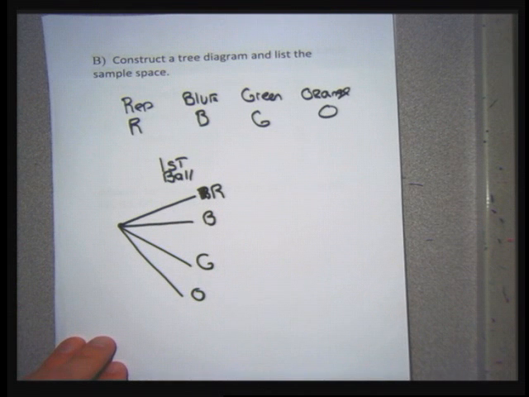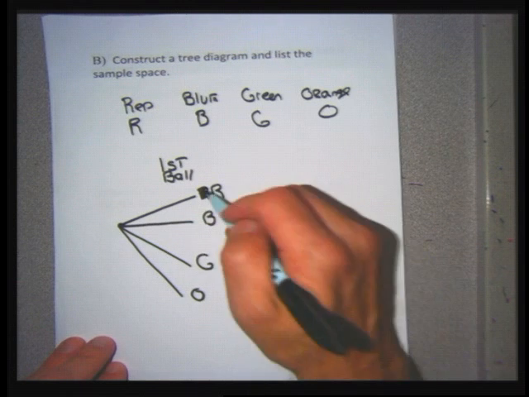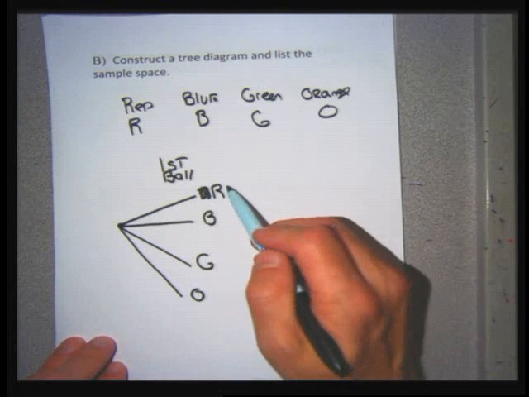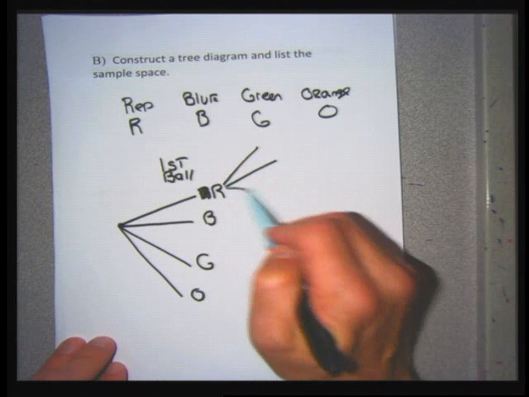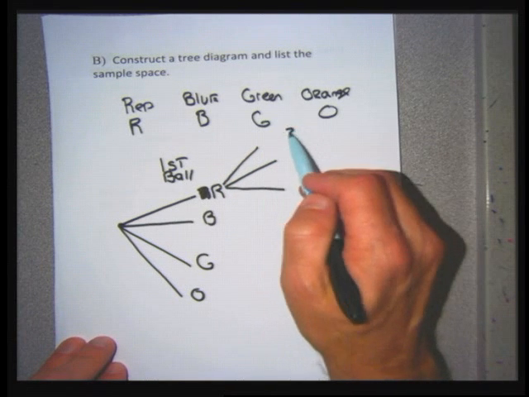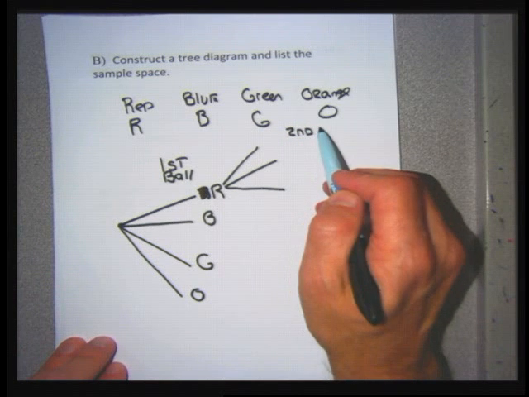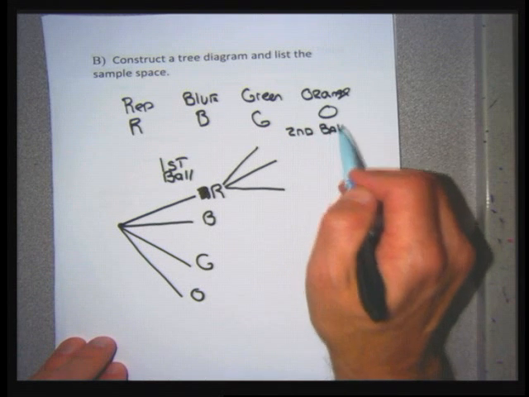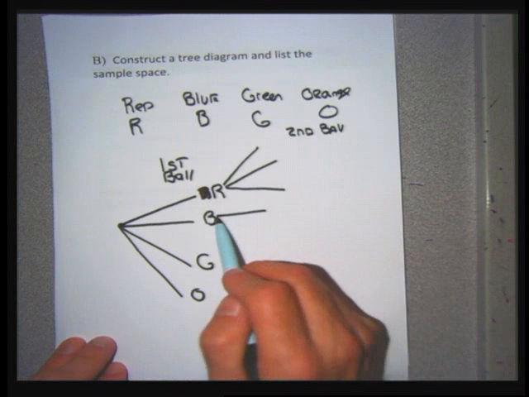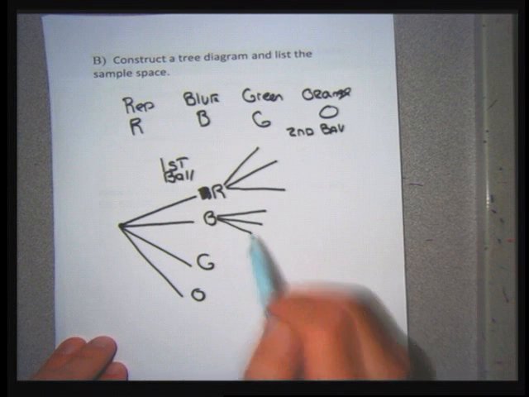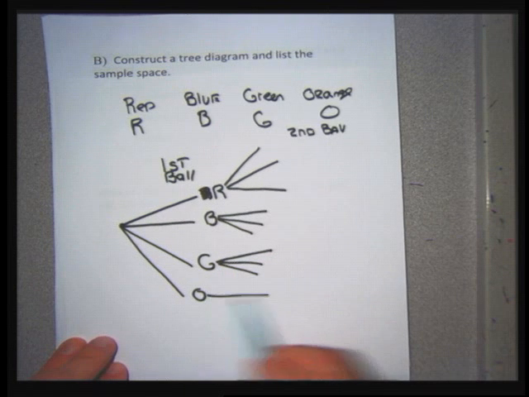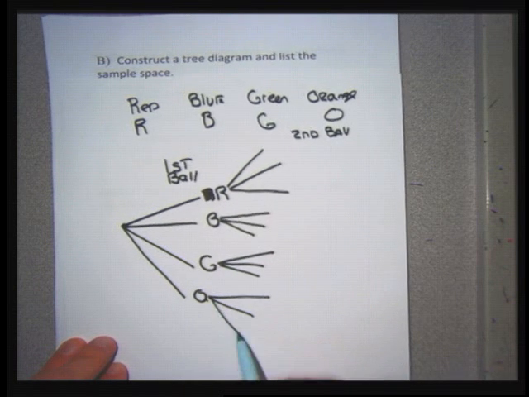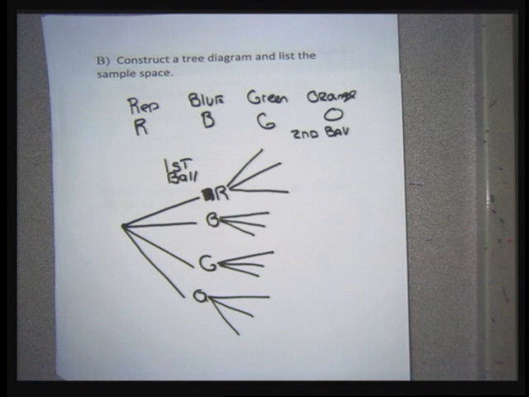Once I pick a ball, I'm not putting it back, and so there's only going to be 3 balls for the second ball. So from the red, I'm going to make 3 lines. From the blue, I'm going to make 3 lines. From the green, I'm going to make 3. And for the orange, I'm going to make 3. This is because after I pick a color that's gone and I can't pick it again.